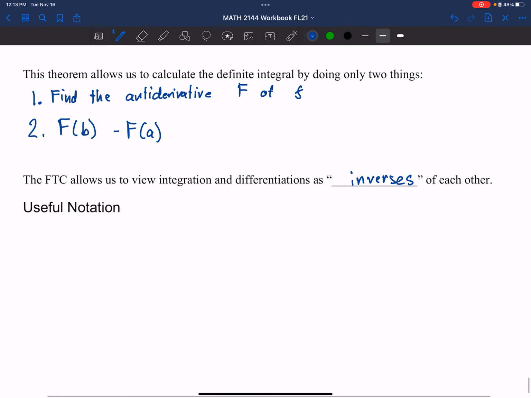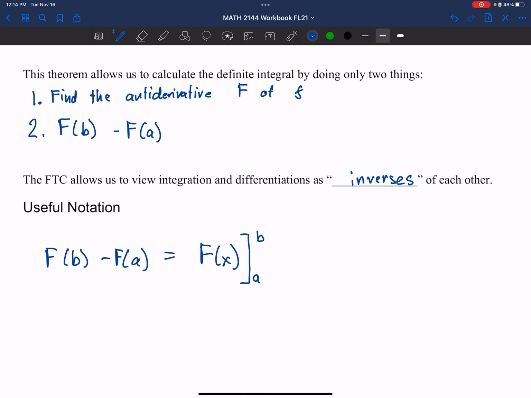So just to get some useful notation set down for us to write through our computation, this F of b minus F of a, you can write a couple of different ways. You may just see this as capital F of x, and then you'll have a right bracket, and then there will be the a and the b. Just like you take the antiderivative, and then you move the a and b from the integral over to this vertical bar. You may also have that it is completely enclosed.